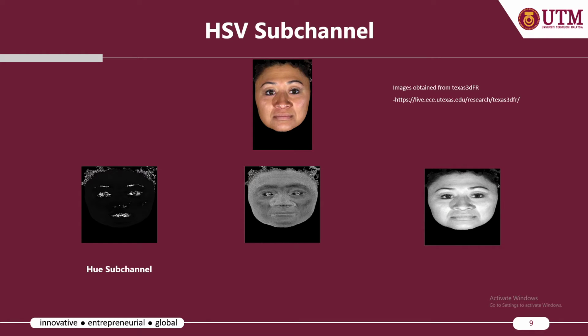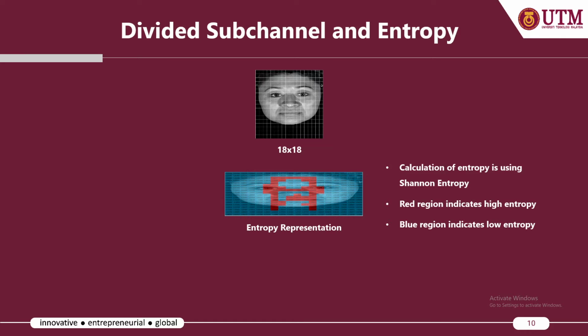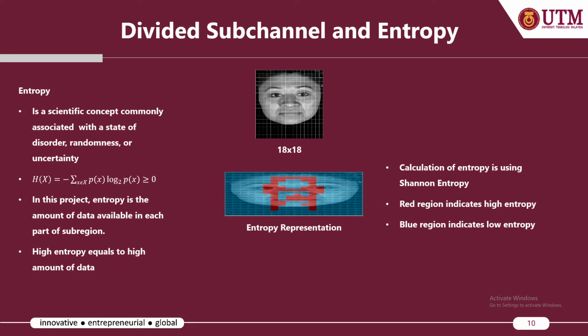The method that I used in this research is using 3 color channels, which are hue, saturation, and value. After the original image was divided into 3 color channels, the image is then divided into small regions. This is to ensure that we have more detailed data and also to determine the part of the face that has high entropy.